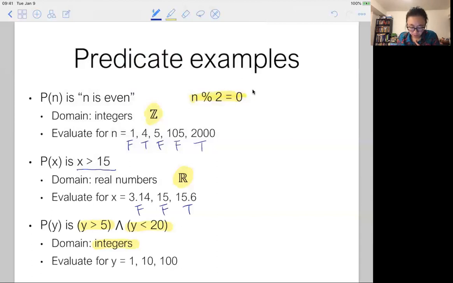If I evaluate over 1, 1 is definitely not bigger than 5, so it's false. If I evaluate 10, is 10 bigger than 5? Yes. Is 10 less than 20? Yes. So the whole thing is true. Next, is 100 bigger than 5? Yes. Is 100 less than 20? No. So this is false. Those are some examples of a predicate.